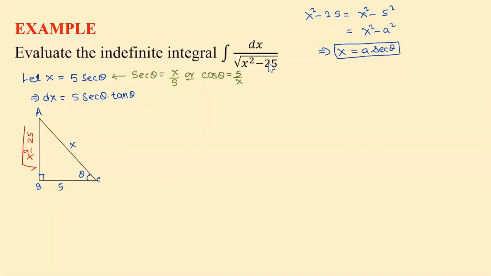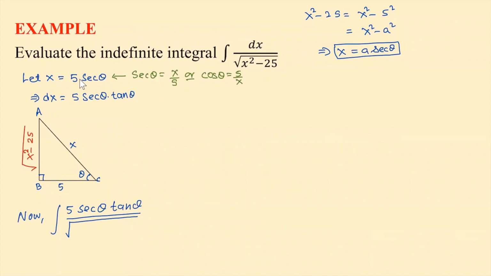And we are going to use this information to make the substitution over here. So let's see what we get by making that substitution. In the numerator, we have dx. Dx is equal to 5 secant theta tangent theta, divided by the square root of x squared minus 25 in the denominator.